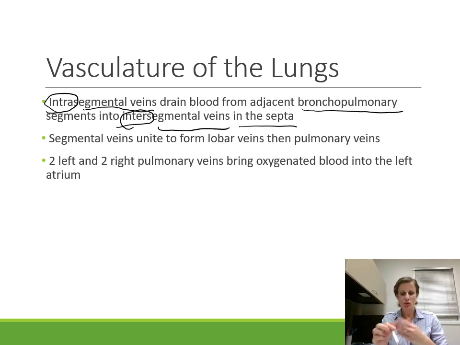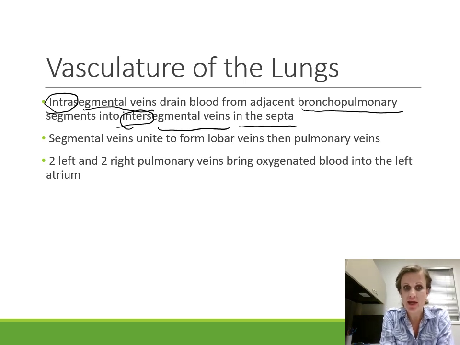These septa go between segments in the lung. A septa is like a fibrous divider. Think of, again, like your nasal septum is this fibrous wall that divides the two sides of your nose. The septa in the lungs are the same thing. They're fibrous partitions that separate neighboring regions of the lung. So the intersegmental veins travel through the septa.